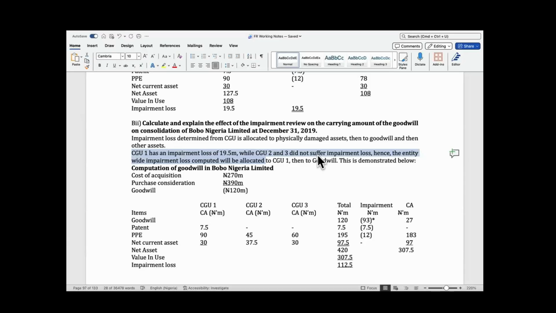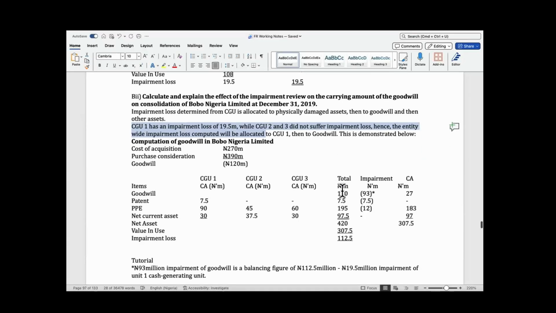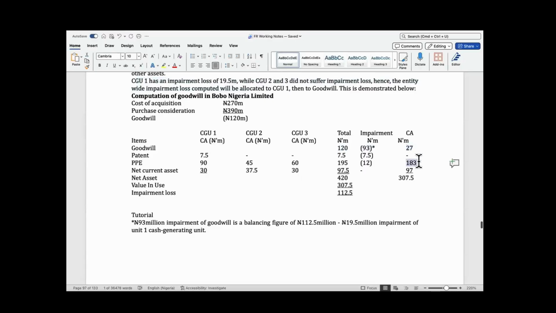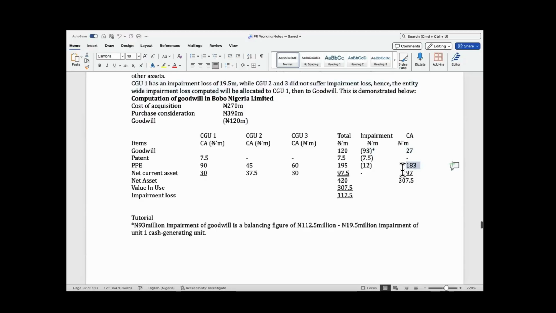I cannot assume that they are impaired. After I've taken out 19.5 from the 112.5, the balance, which is 93, I gave it all to goodwill. So the goodwill here did not fully impair, still remaining 27, which is fine. The total PP is now this. The non-current asset, you don't touch it, is this 97.5.